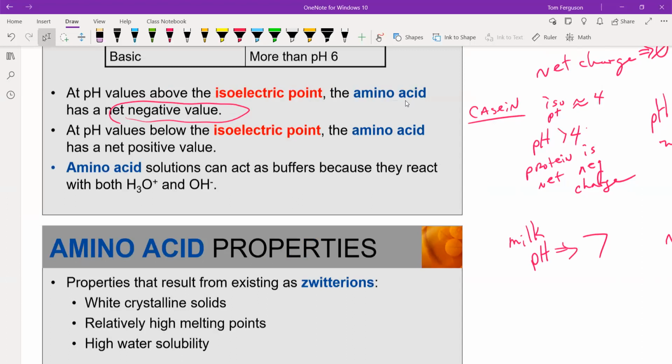Okay, so isoelectric point's a big deal. So make sure you understand that concept.